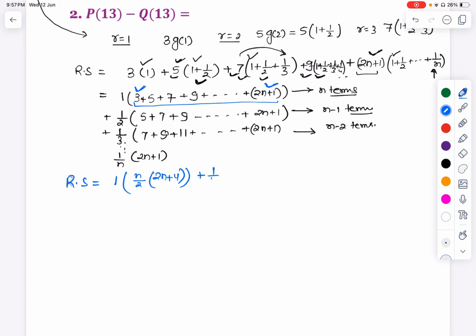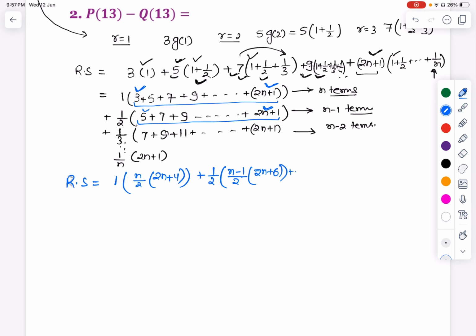Then 1 by 2 times this AP: the first term is 5, and the total number of terms is n minus 1, so (n minus 1) by 2. The first term is 5, the last term is 2n plus 1, so their sum is 2n plus 1 plus 5, that is 2n plus 6.